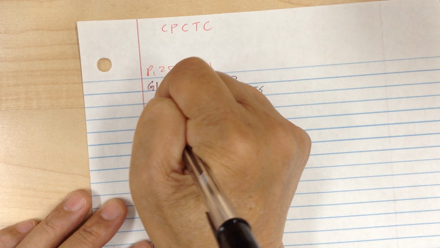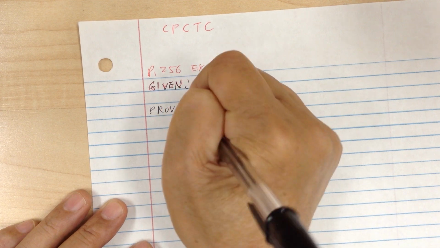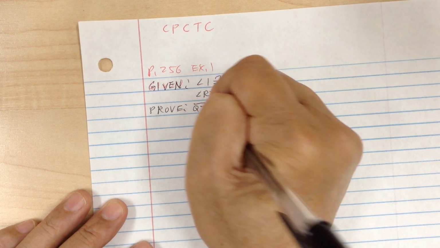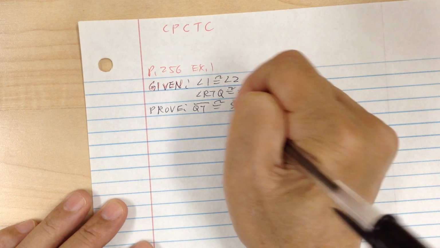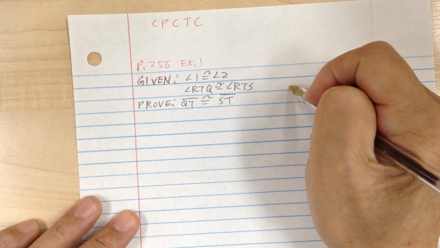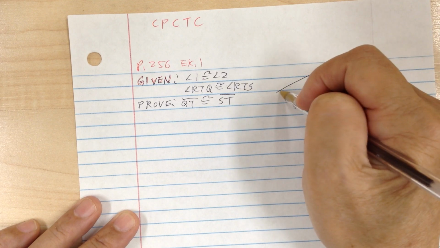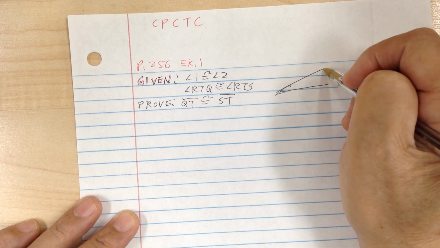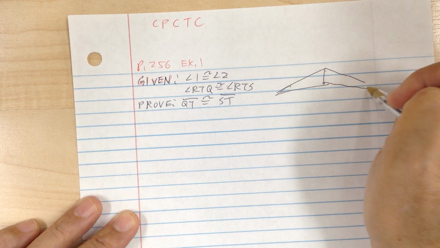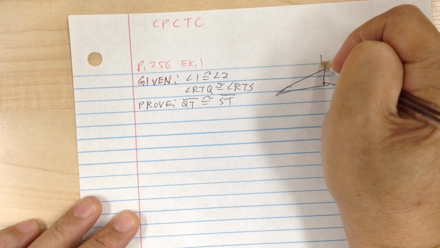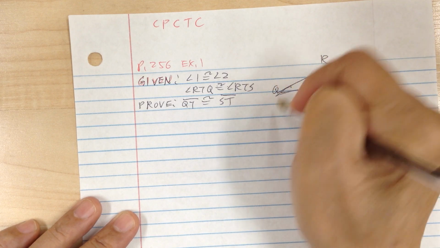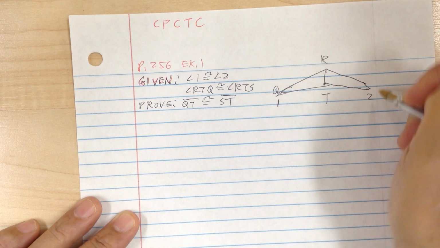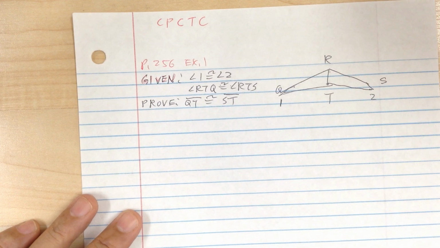And you want to prove QT is congruent to ST. So you have the two triangles right over here. So this is R, T, Q, and angle 1, angle 2, S.